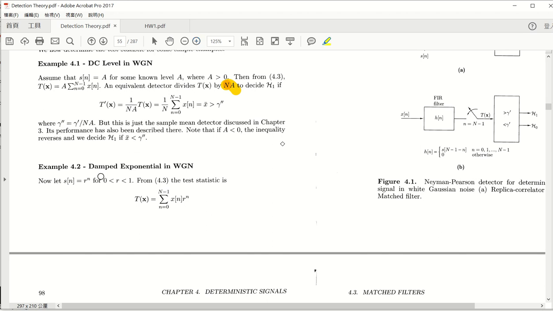Then we come to the next example. This example is the damped exponential in white Gaussian noise. Let's assume that s of n is equal to r to the n for 0 smaller than r smaller than 1.